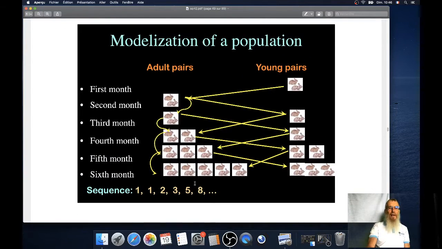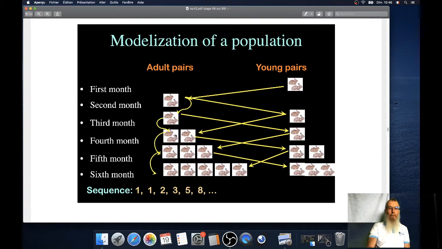So this is a modelization. You start with a young pair. In the second month, it becomes an adult pair. This adult pair gives rise to a young pair, but the adult pair never dies, so it's always there.